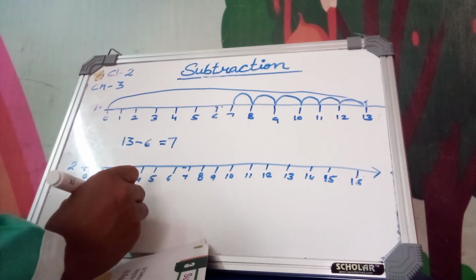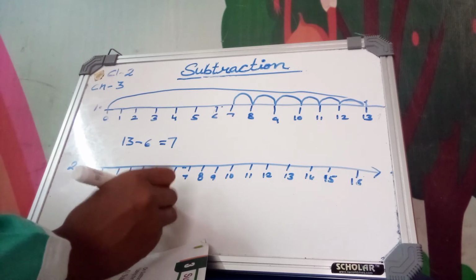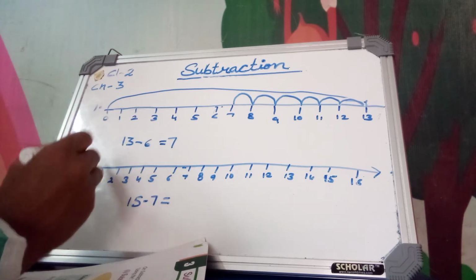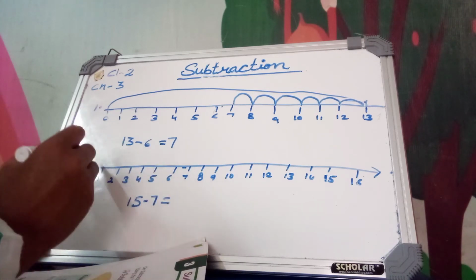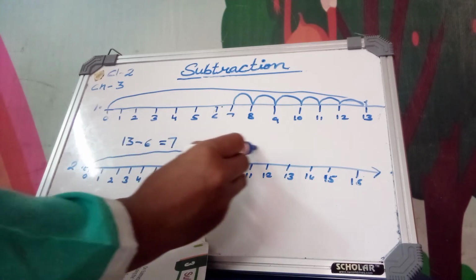Now from 15 we will take away 7, equal to how many are left? Firstly we have to draw a line from 0 to 15.